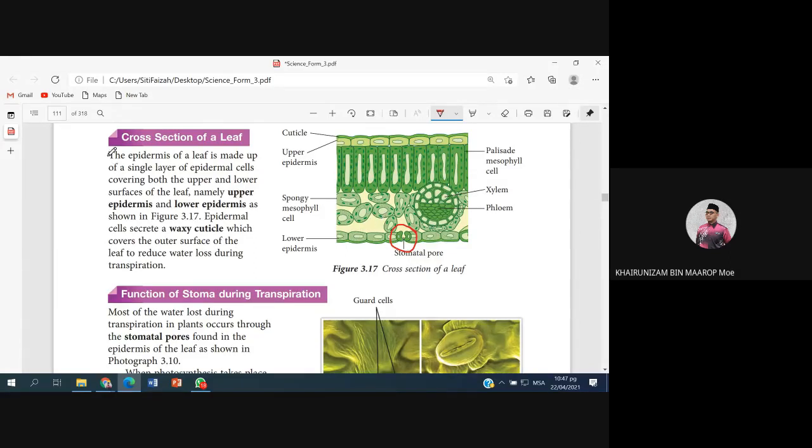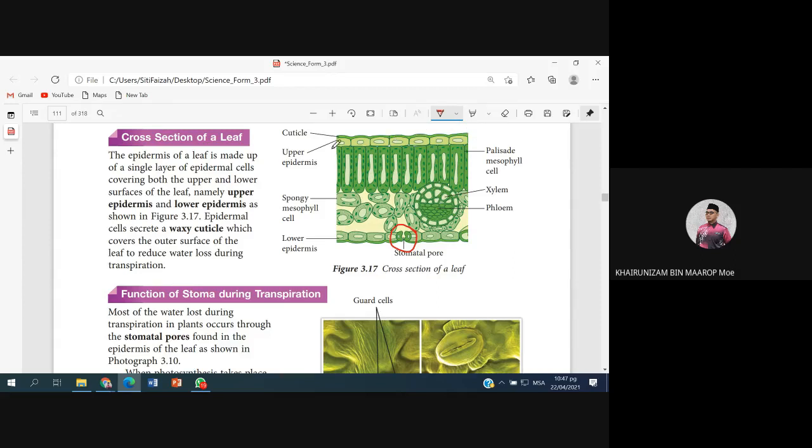The epidermis of a leaf is made up of a single layer of epidermal cells covering both the upper and lower surfaces of the leaf. This is the lower epidermis, and this is the upper epidermis, covered by cuticle.